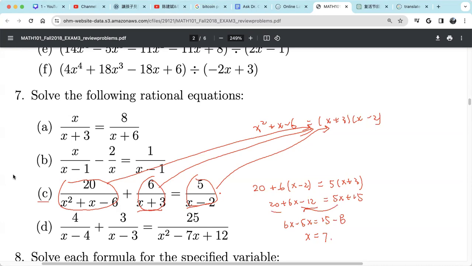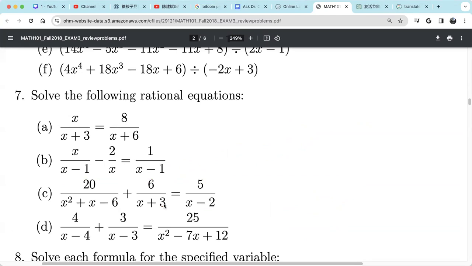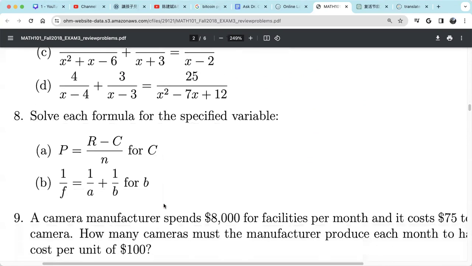Okay, very similarly for D. We see this one is the least common denominator, because this one can be factored. I can factor this as x minus 4 times x minus 3, right?